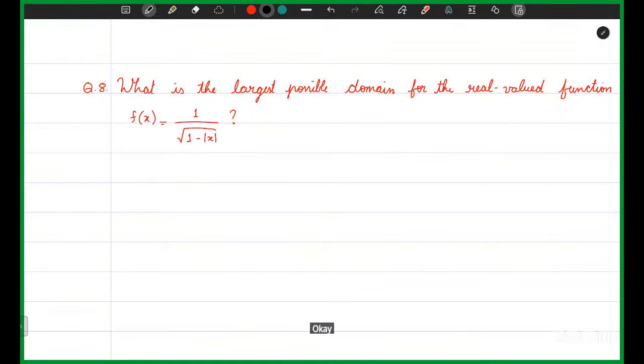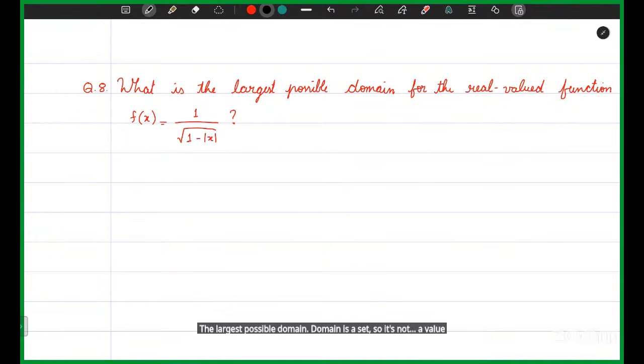Okay, so what are the answers? X between -1 and +1. The largest possible domain is a set, so it's not a value.